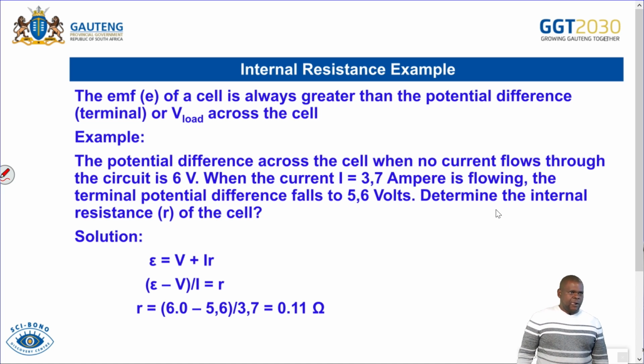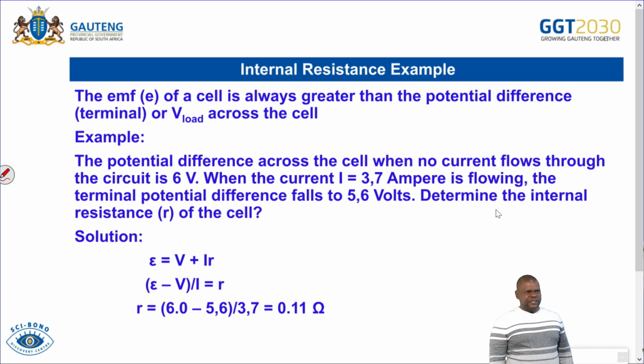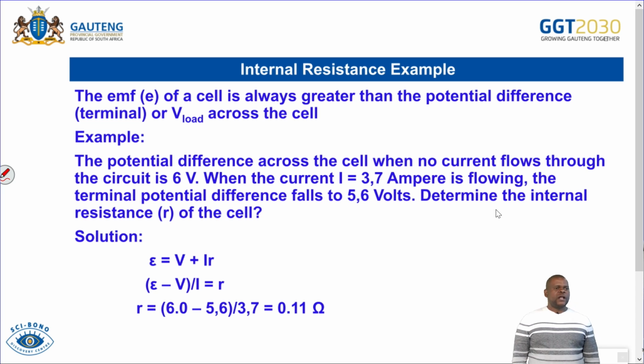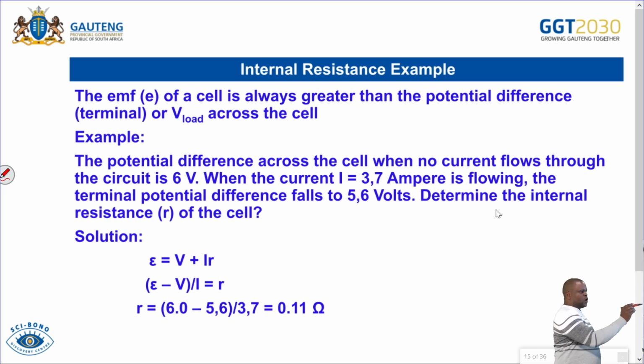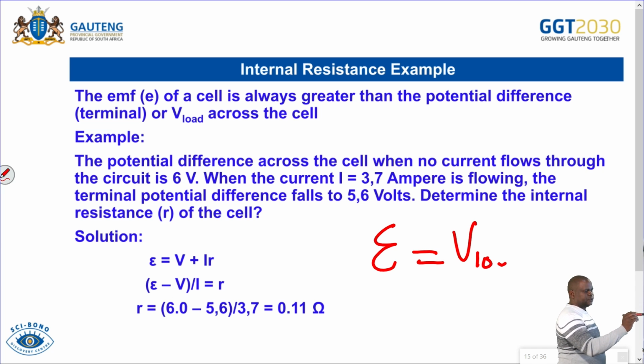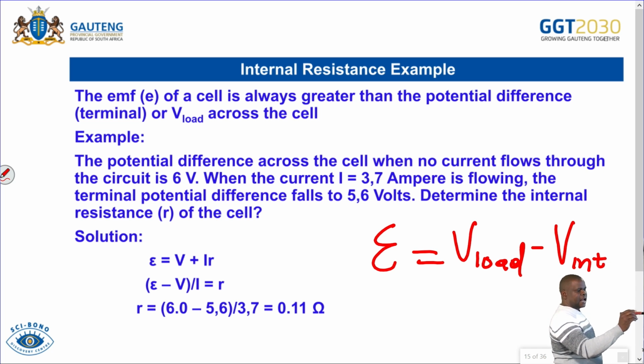It says, what is the EMF? The EMF of a cell is always greater than the potential difference, or the V load, across the cell. That's why we say EMF is equal to V load plus V internal.